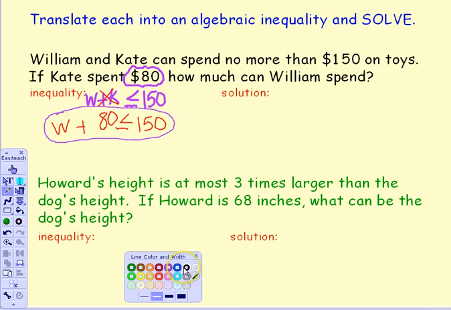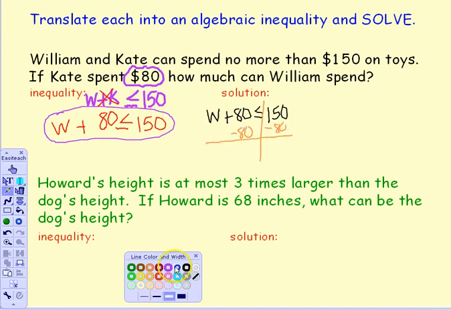Remember, when we're solving these, we solve them just like an equation. So W plus 80 is less than or equal to 150. Just like we were solving these previously, we draw a line down that inequality and do the inverse operation. So I'm going to take 80 away from both sides.